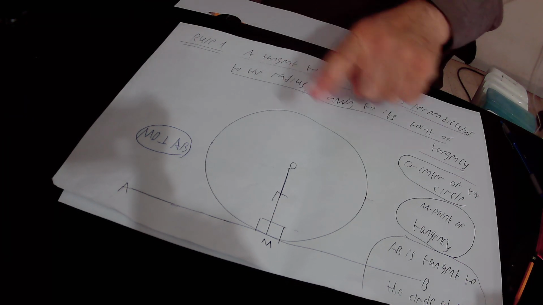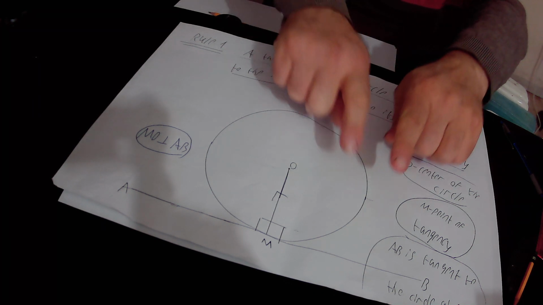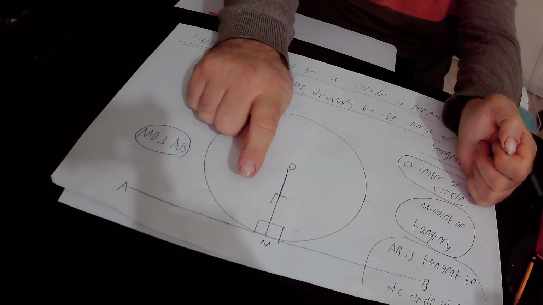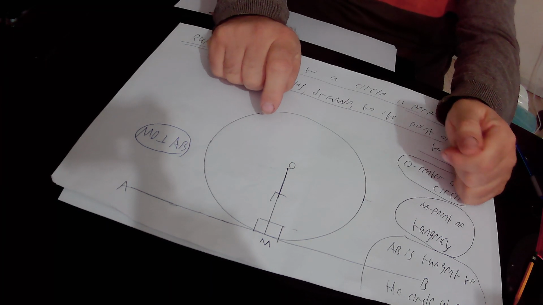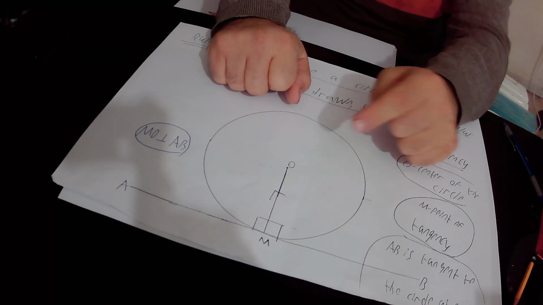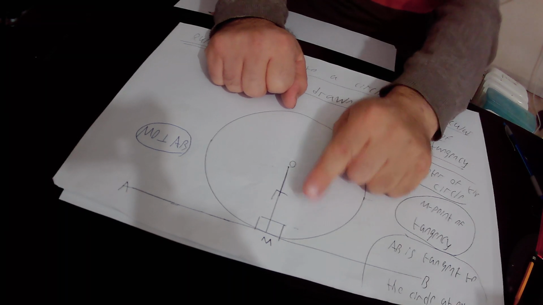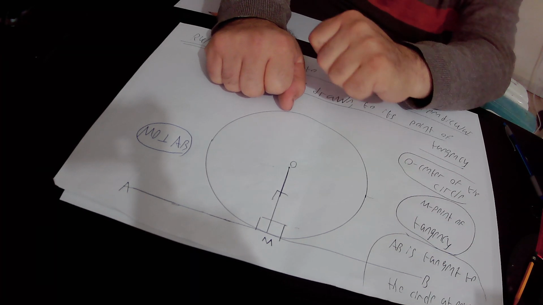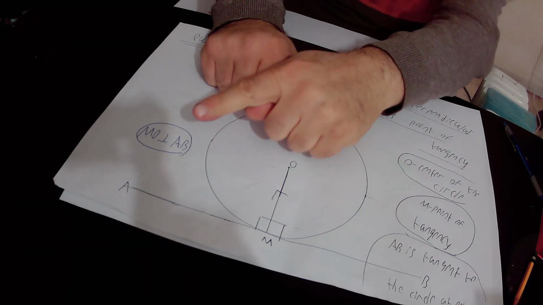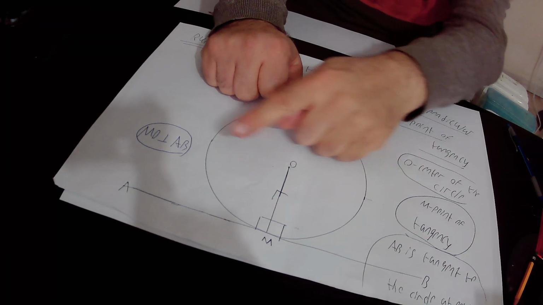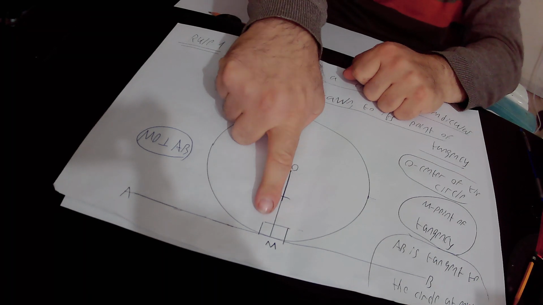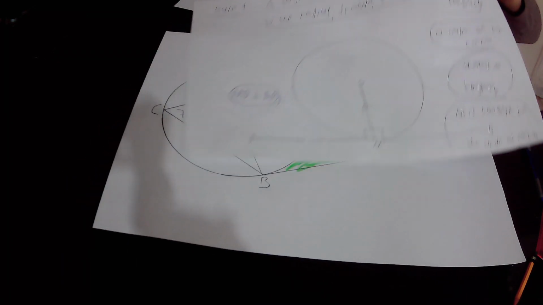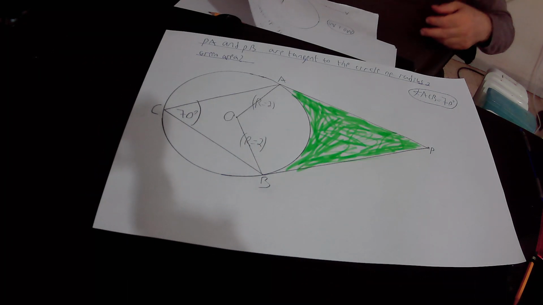So in the drawing we have a circle, and this is tangent AB, that is tangent to this circle here at point M. Point M is the point of tangency of tangent AB with this circle, and we have the radius OM that is equal to R. The radius OM is drawn to point M, the point of tangency, so tangent AB will be perpendicular to the radius MO. If AB is perpendicular to MO, it means that this angle equals 90 degrees, and this angle also equals 90 degrees. We can actually implement rule 1 in our drawing.